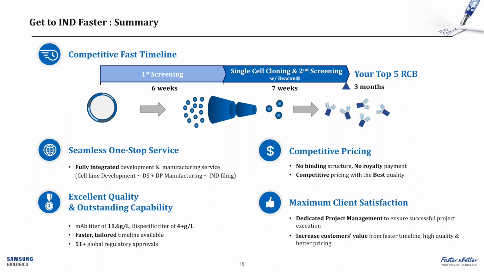This is supported by over 51 global regulatory approvals, with over 3,000 employees at Samsung Biologics, 1/3 of which are in the quality areas or quality functions, showing the commitment of Samsung to the quality really throughout the organization.